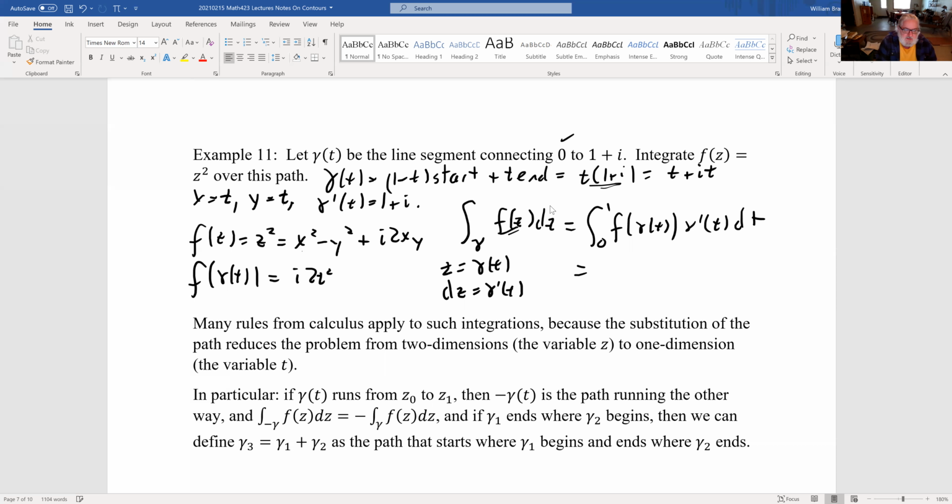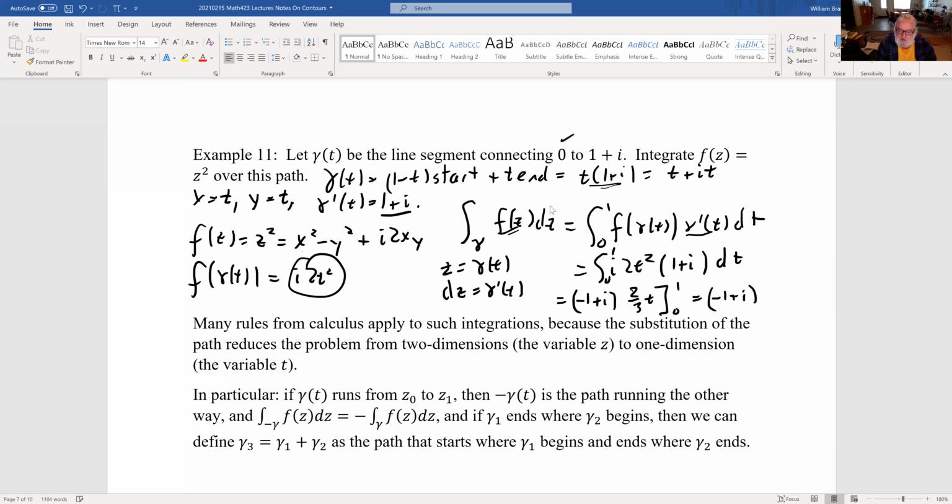And f of gamma of t is that, so that's i times 2t squared. Gamma prime of t is this constant, 1 plus i, dt. So what does our integral become? The i times 1 plus i becomes minus 1 plus i, and it's a constant, so it can just come out. And then I have the integral from 0 to 1 of 2t squared. That's going to be 2/3 t cubed, evaluated from 0 to 1. And that's going to be minus 1 plus i times 2/3. So there is our integral.